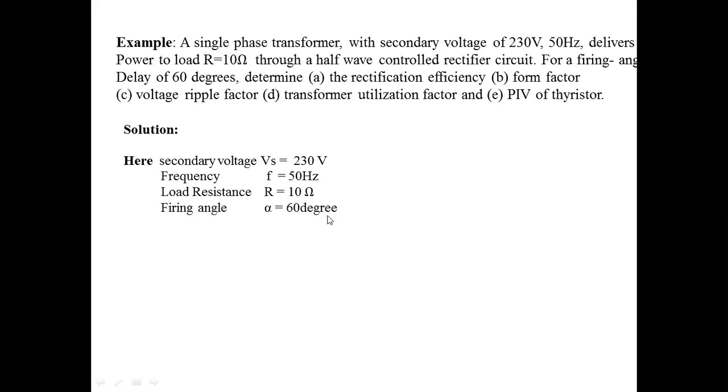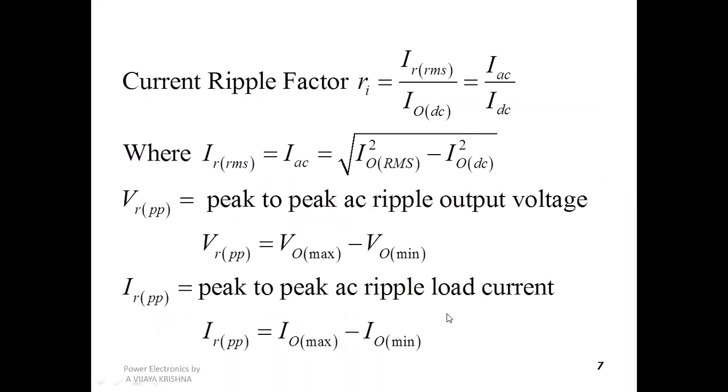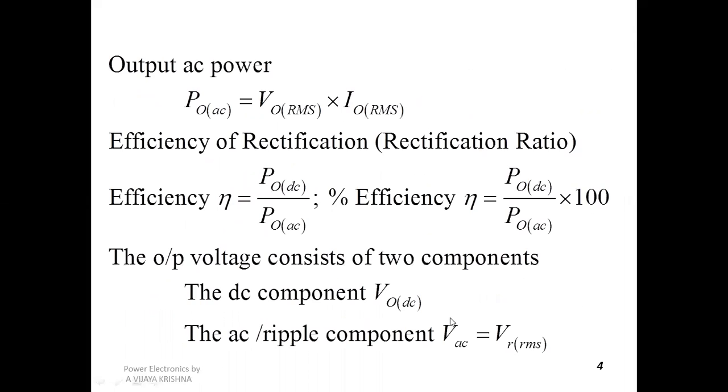How can you determine these? The first is calculating the rectification efficiency. First we have to know about the rectification efficiency. Rectification efficiency is equal to the DC output power by the AC input power.